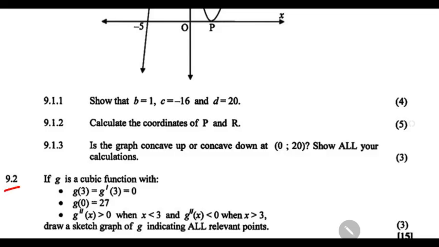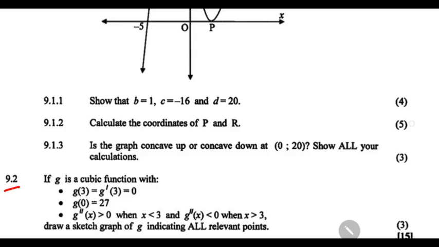Question 9.2, guys, this is a very different question, and I'm going to solve two more questions like this to explain this concept. It says if g is a cubic function with g of 3 equal to 0, which means x-intercept, and the first derivative of 3 is equal to 0, which means turning point. The turning point and the x-intercept are together, so we're going to count it as twice.